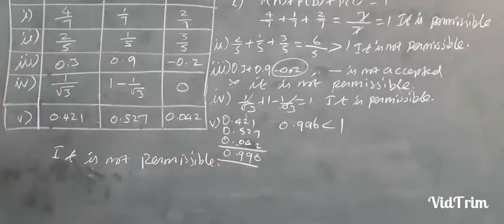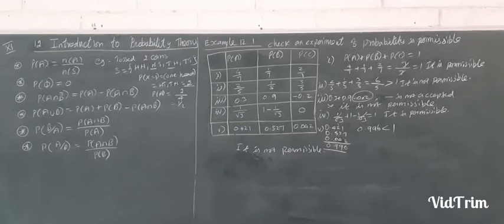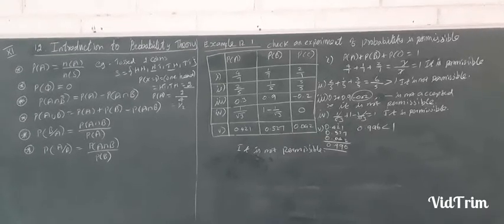That's all the answers for the first example. I hope you understand what I taught you in today's class. Again I repeat, the total probability value is 1.